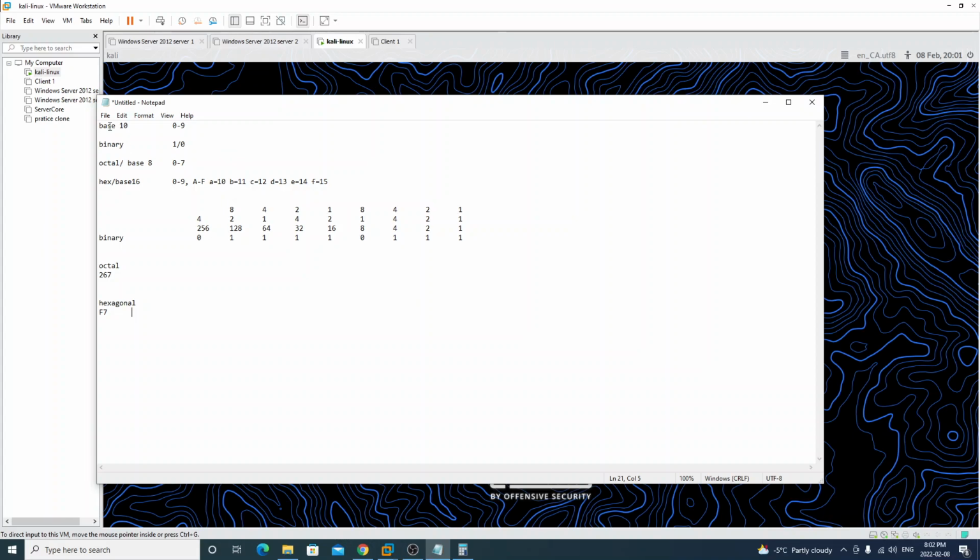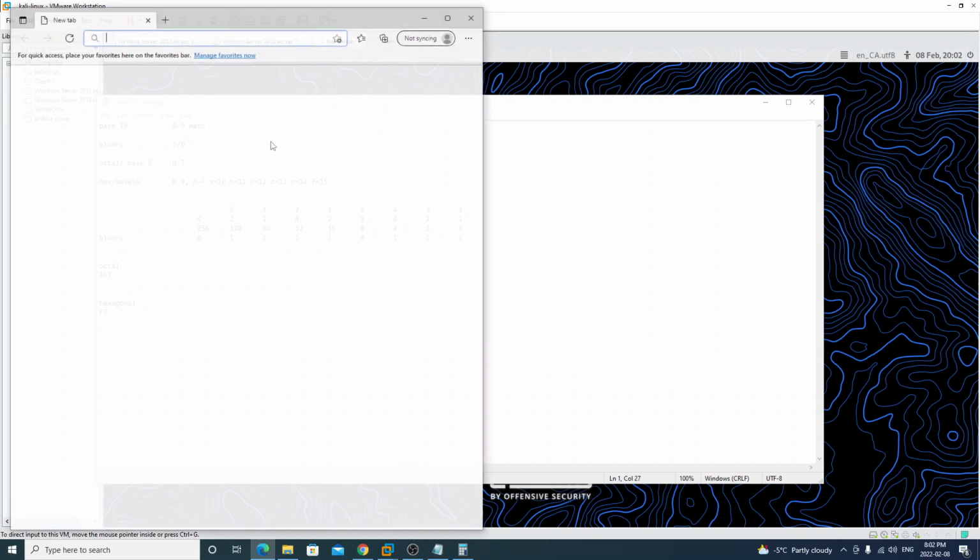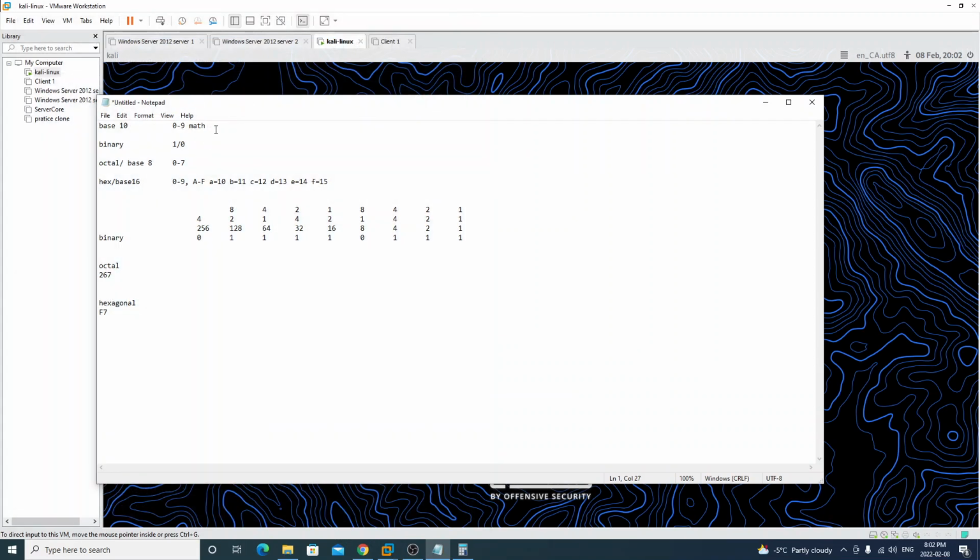It's human math, and then it's machine language. Octal, which is base 8, would be used in, actually, maybe we should write this down, right? So base 10 is basic math. Binary is machine language, how machines communicate with each other.